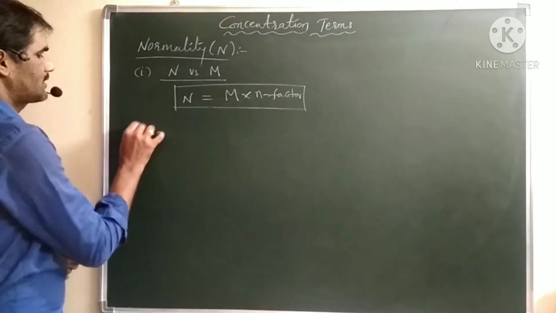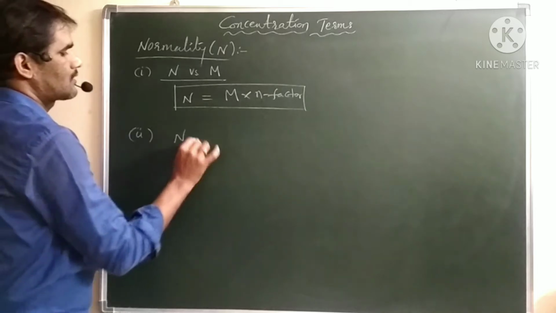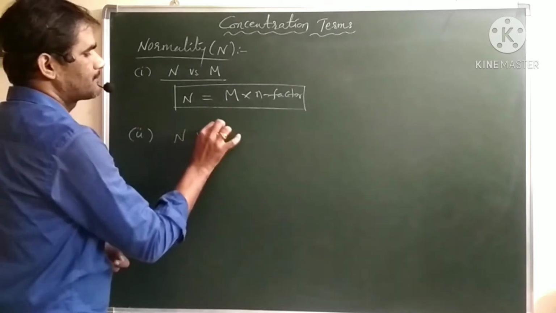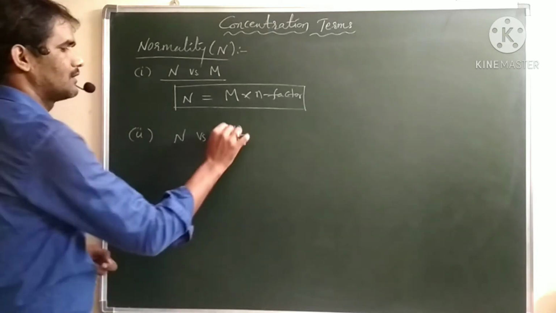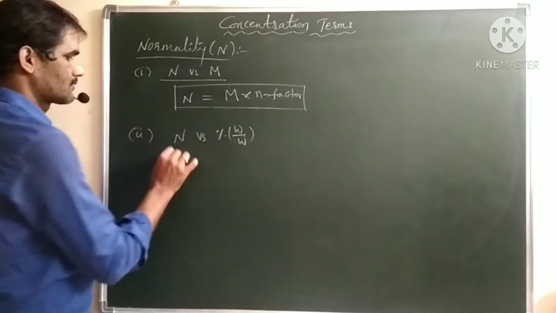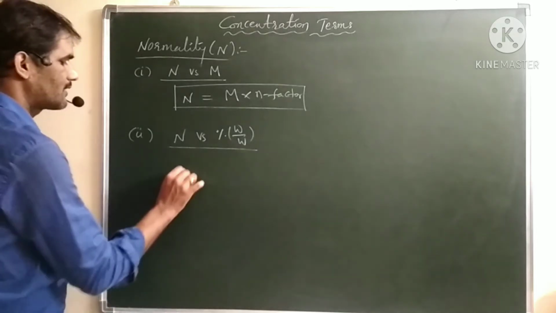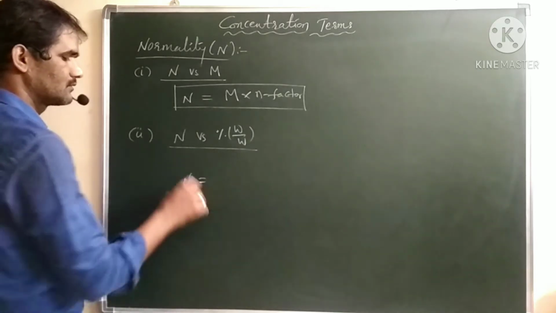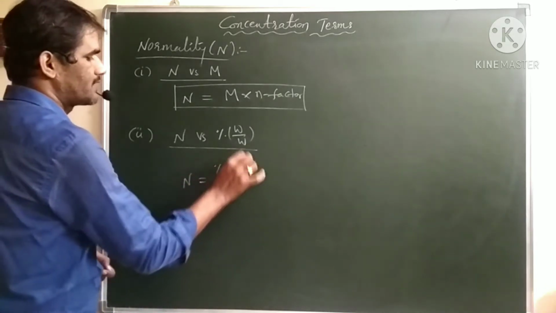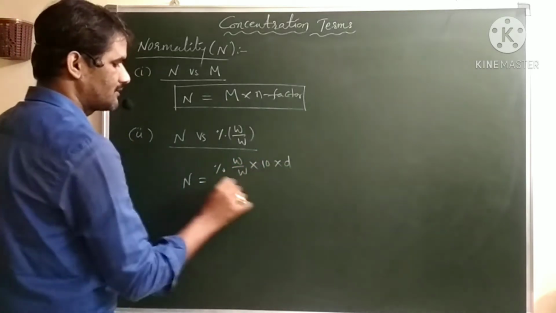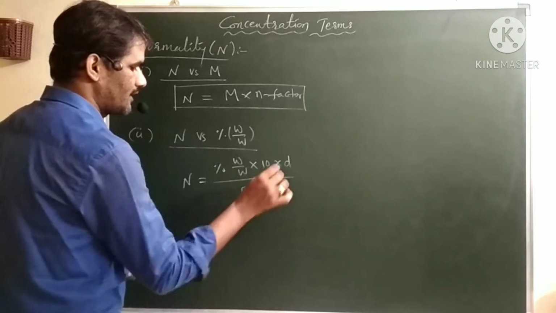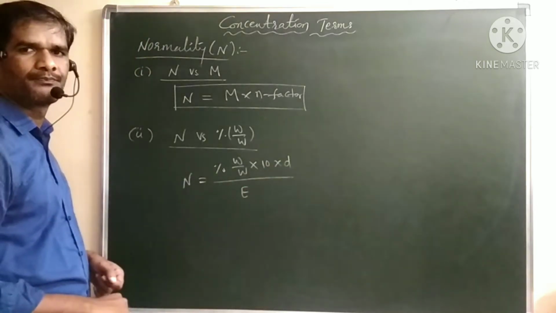And the second interrelation, normality versus percentage by mass, that is W by W. Here the formula we have is normality equals percentage by mass into 10 into density by equivalent weight of the solute.